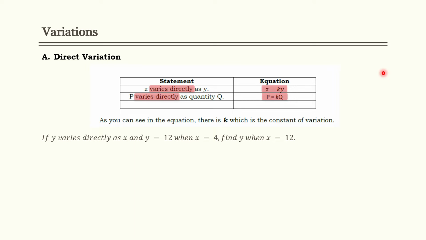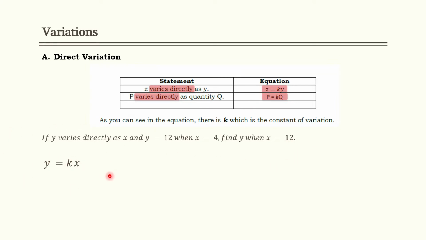Una, itra-translate natin tong Y varies directly as X into an equation. So the same thing here, Y varies directly, so that is Y is equal to, lalagyan natin ng K ngayon, times X, di ba? Y varies directly as X. Okay? So ganyan, ito na yung equation ng ating problem.